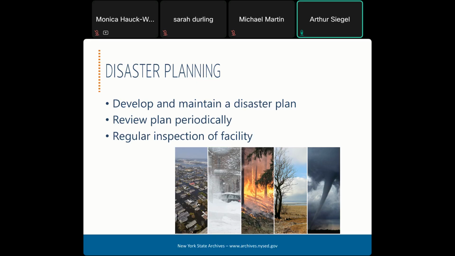You'll also want to review your plan periodically to make sure that it's up to date with current information on emergency contacts, individuals responsible for specific tasks, and emergency procedures. And don't forget, keep a copy of the disaster plan in the record storage area for ready access. You don't want to waste time during an emergency trying to remember where the plan is filed. Next slide, please.